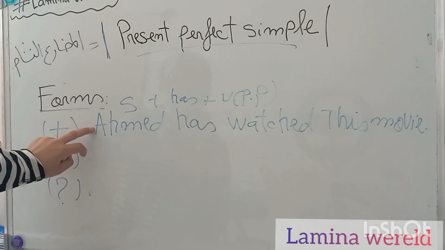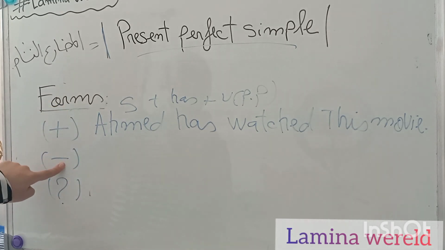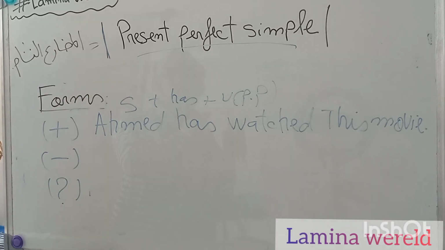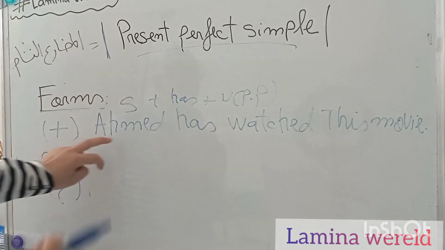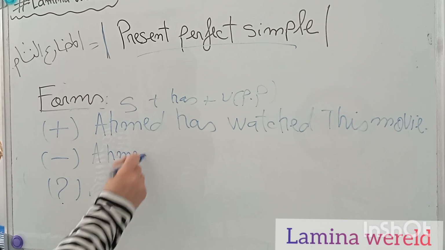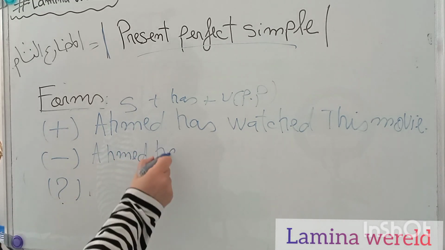And then keep the same sentence but change it to negative. So do you remember the rule, the structure, the form of negative? So we start with the subject. So here is the subject, Ahmed, followed by has, good.